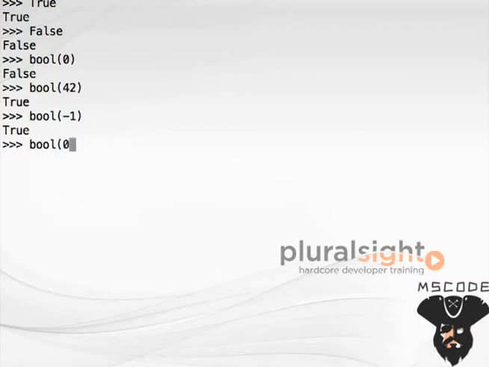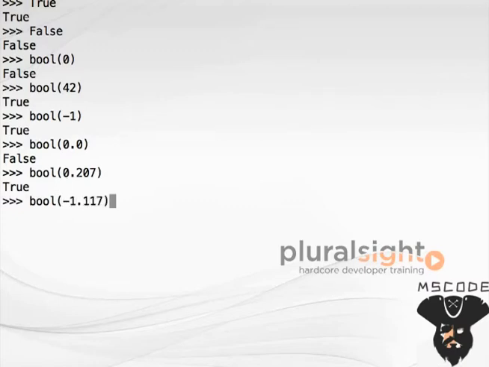We see the same behavior with floats, where only 0 is considered falsy. When converting from collections, such as strings or lists, only empty collections are treated as falsy.